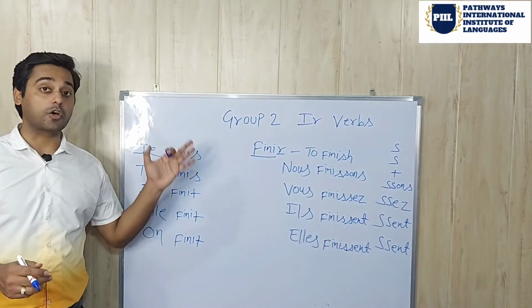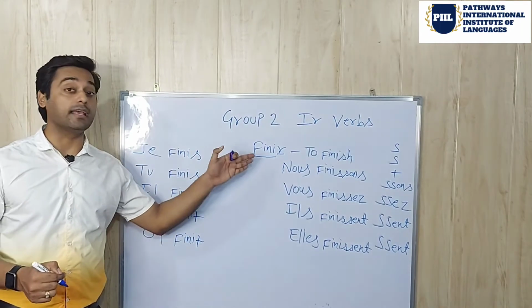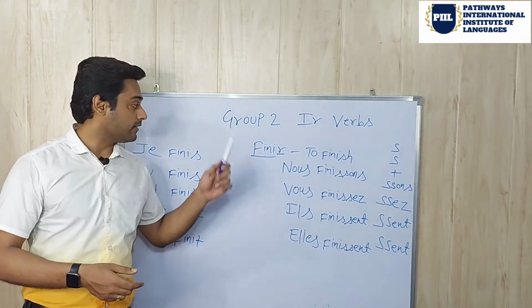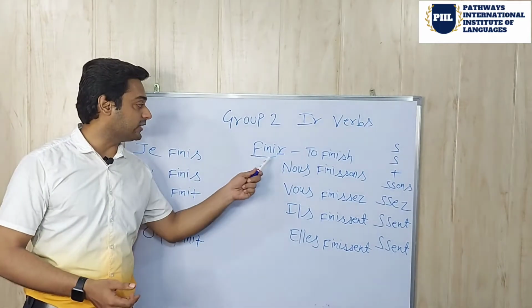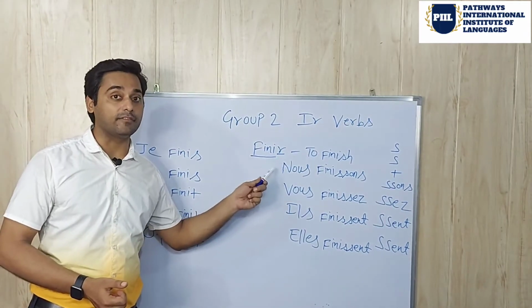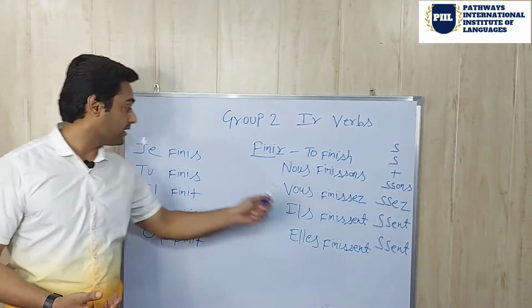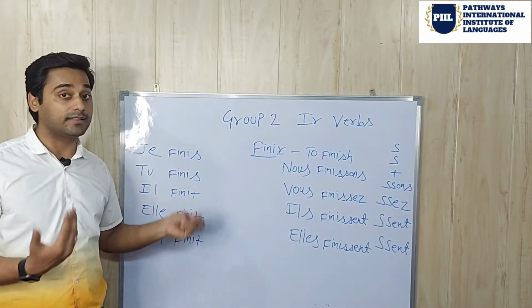So this is the conjugation of a regular IR ending verb in French. Let's recall once again what we have done. First, you remove this R from the infinitive, and then you add these endings to all the radicals.